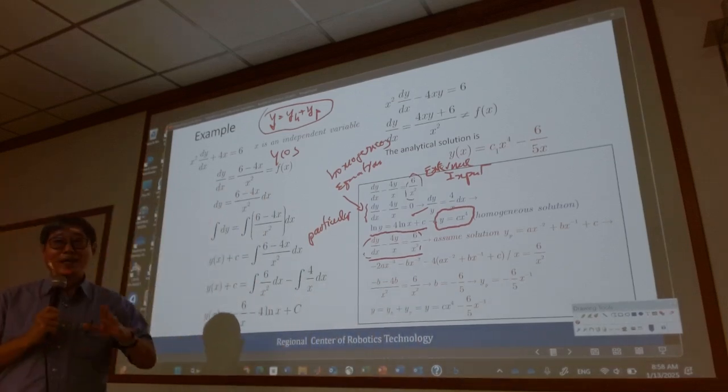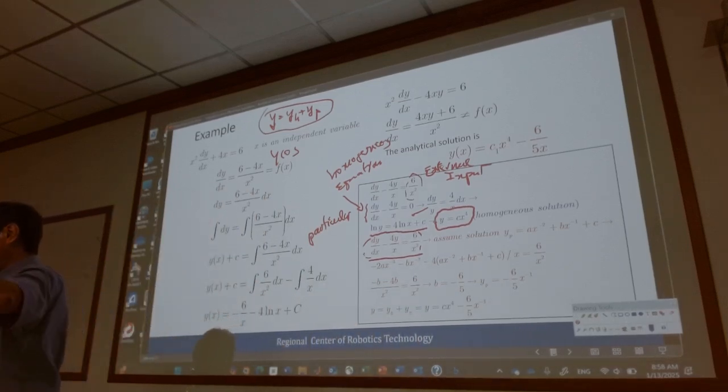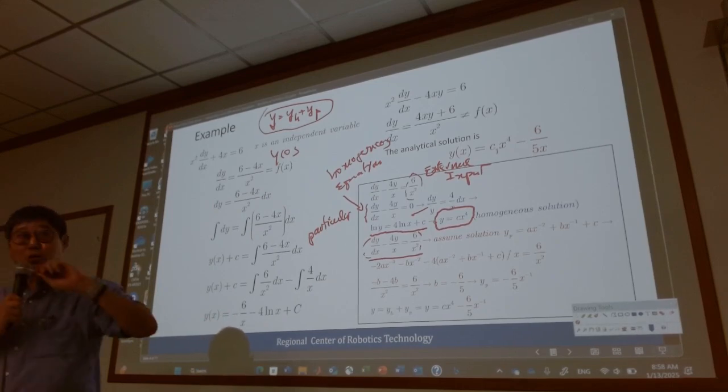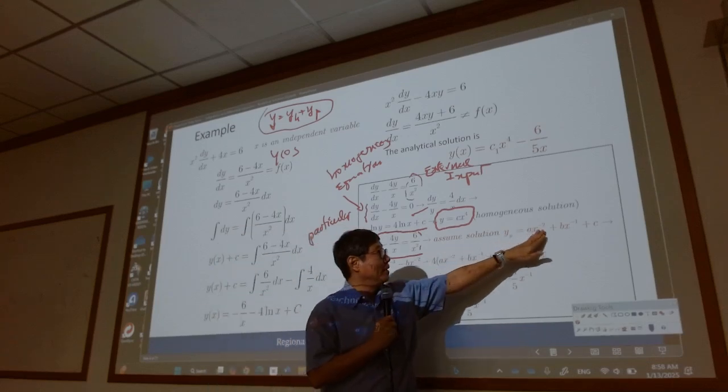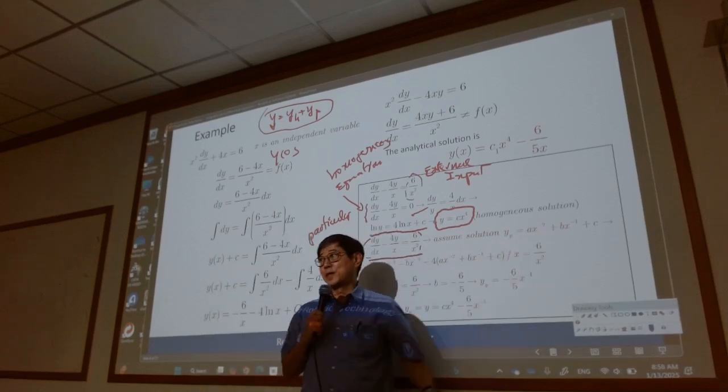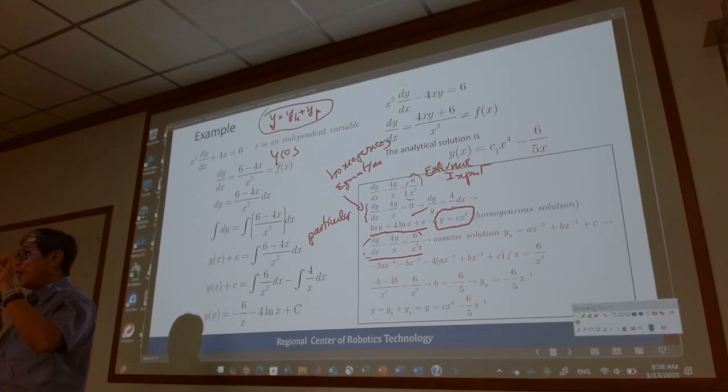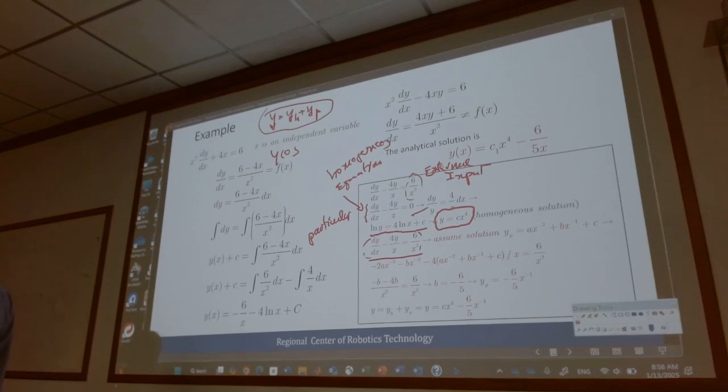Normally, you will learn this in the future. We try to assume Y_P, the particular solution, in some form. There are some techniques which you will learn.